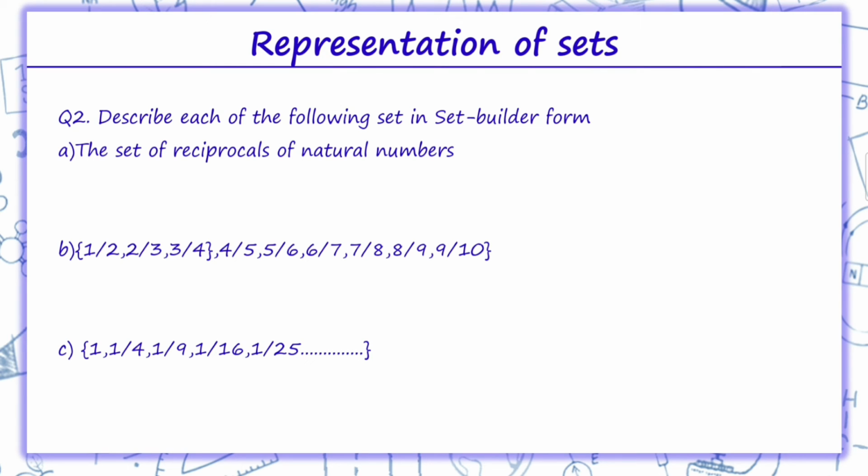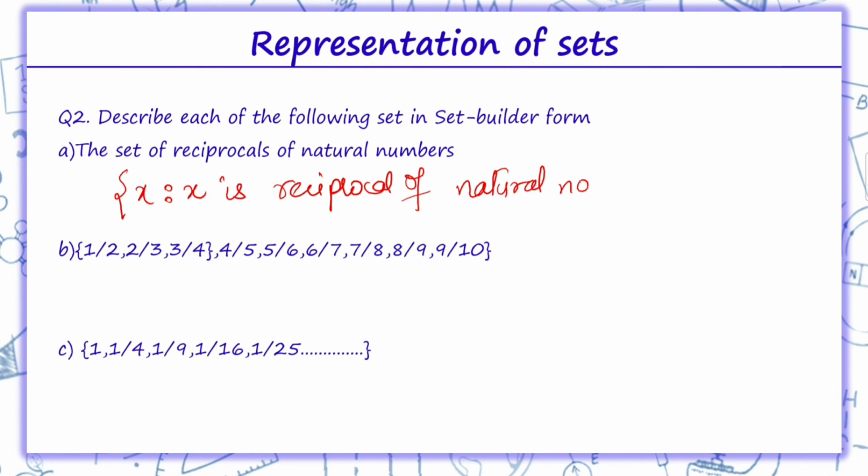They have given the set of reciprocals of natural numbers. So first of all we draw a bracket: x such that x is the reciprocal of a natural number. This is the first method we can write over here. And the second way to represent the same situation is x such that x equals 1 by n, where n belongs to the natural numbers.